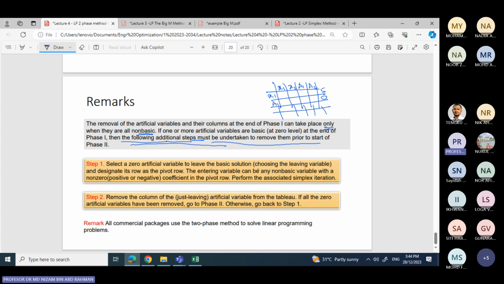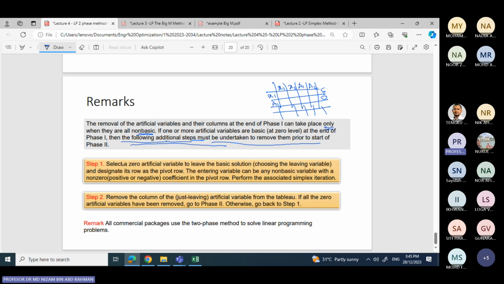Choosing the leaving variables and designate each row as a pivot row, and the entering variable can be any non-basic variable with non-zero positive or negative coefficient in the pivot row. So this is what it meant. Right?